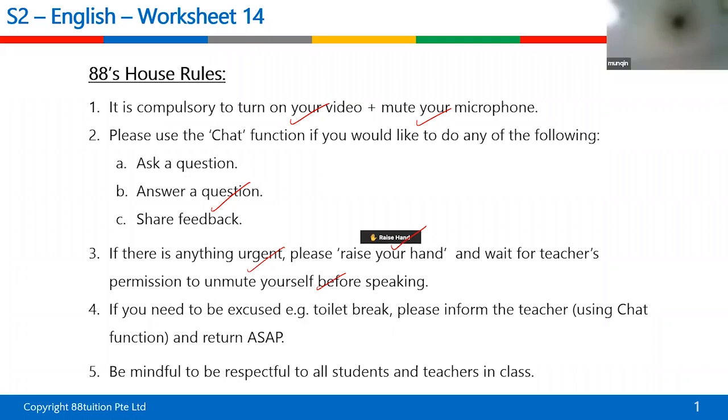Yeah. The next point, if you need to be excused, of course, I understand sometimes you need to answer nature's call. So I'm a reasonable person. I will not stop you from going to the toilet. Okay. So all you need to do is just, out of respect, maybe just drop me a text in the chat so I know, oh, this person has gone to the toilet. Yeah. And of course, return ASAP.